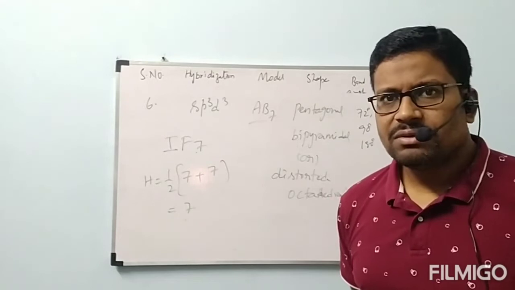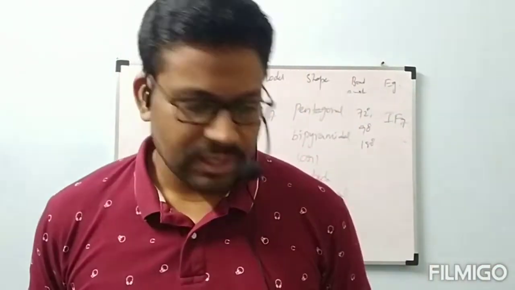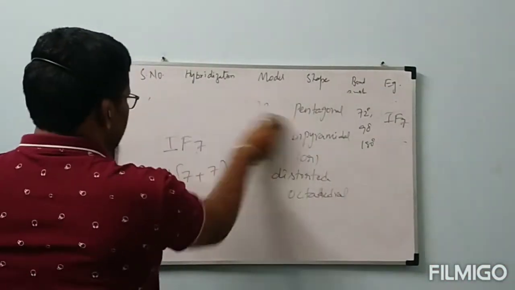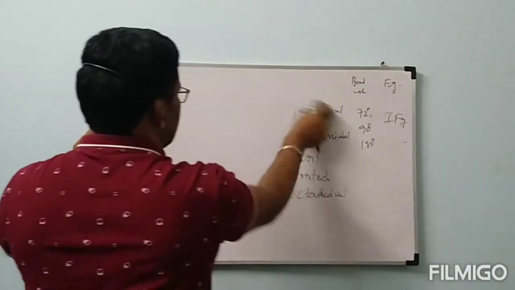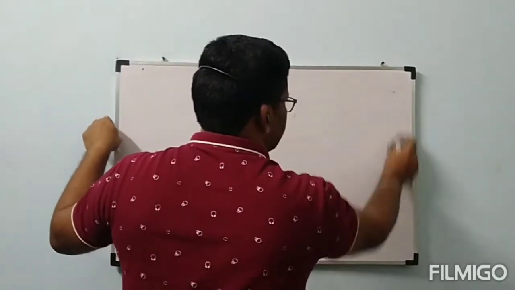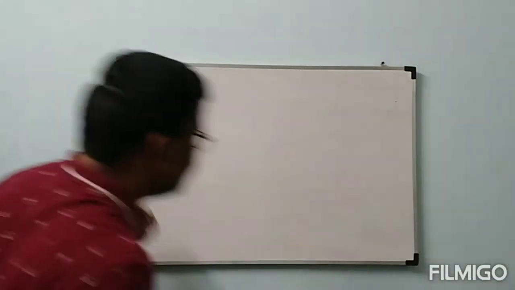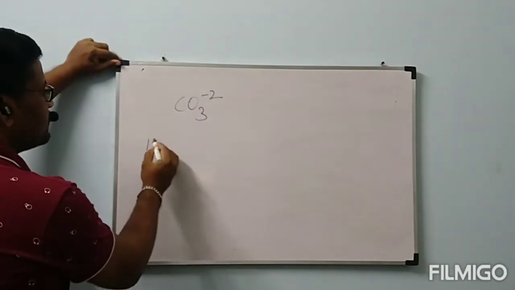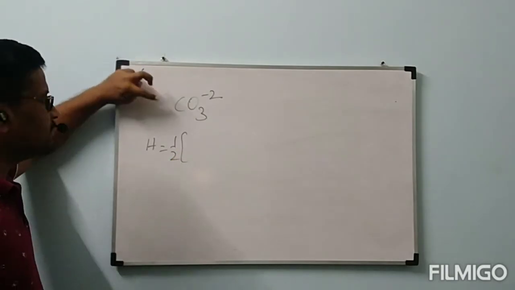Okay. Now we will take 1 or 2 cations and anions. After that, we will move to the next concept. For example, CO3 2 minus. H is equal to 1 by 2 into the central atom carbon.